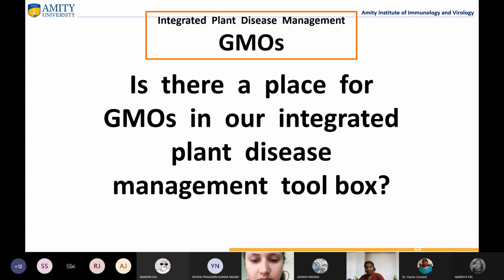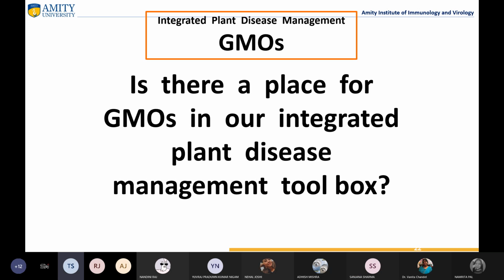Sahiba, Sanjana, Shakti, Shivani, Tanvi, Vivek, Yukta, Yuvraj, present, ma'am.